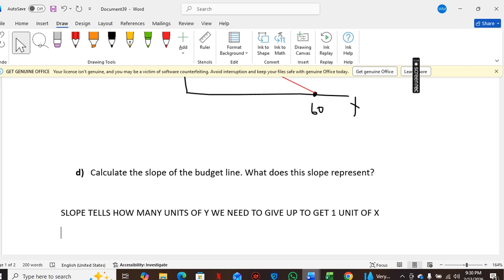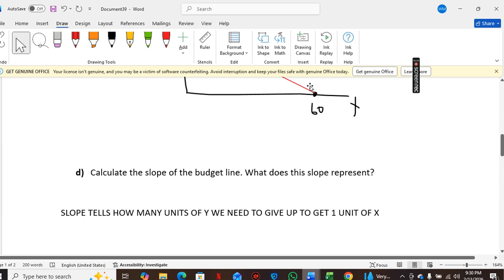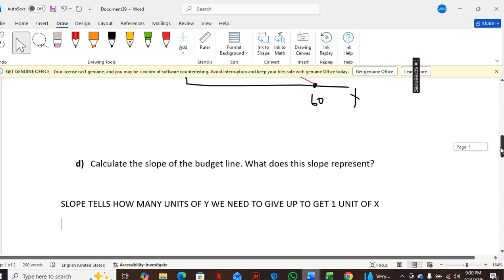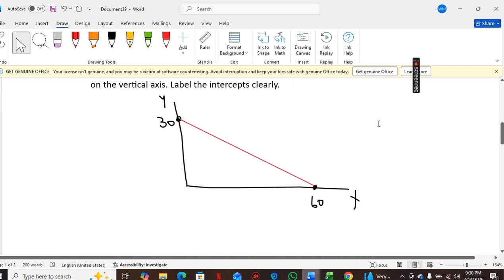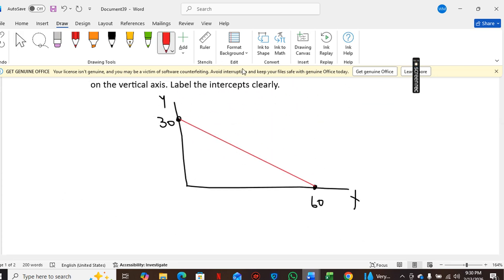But unlike the marginal rate of substitution, which was diminishing, this one is a constant trade-off. To get the slope, we say negative Px over Py.